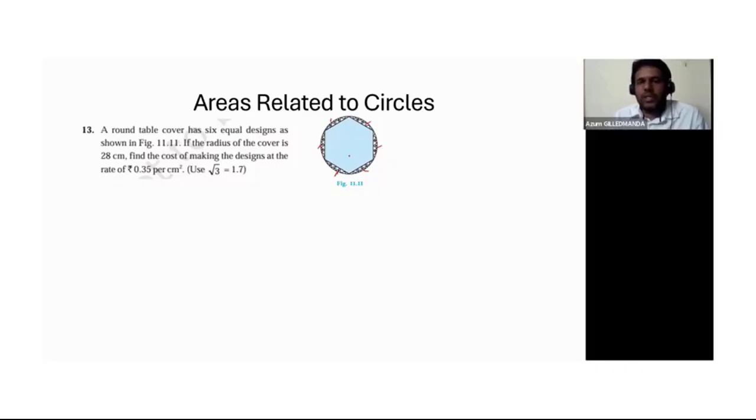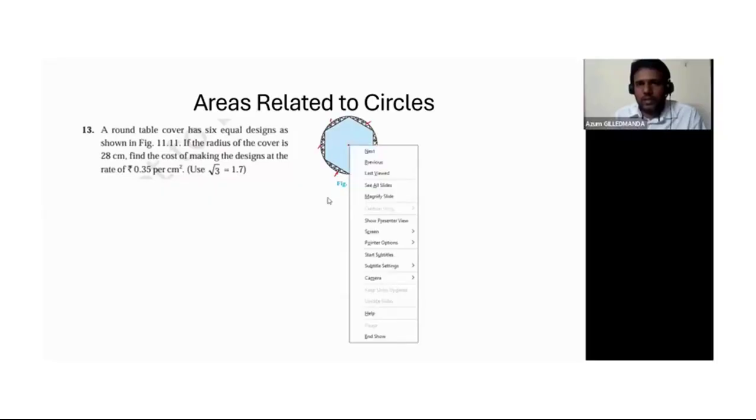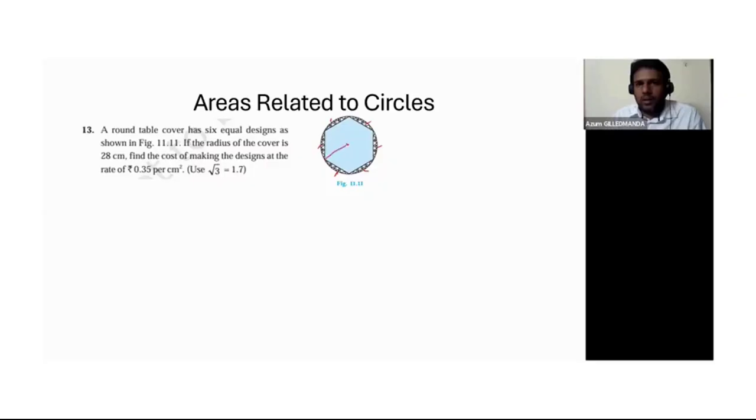If you look at it, it will be difficult, so I'll make it easy by doing this. Let's say that's the center of the circle. Let's say this is A and this is B and this is the center of the circle O. Can you see this is a sector?